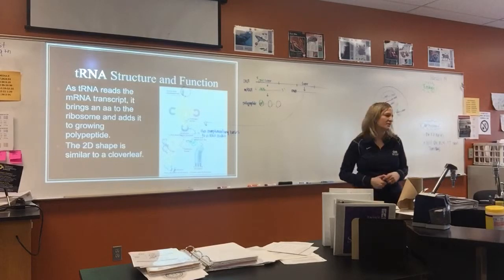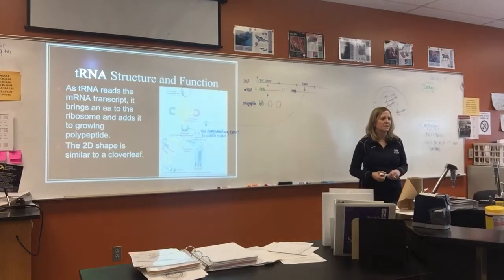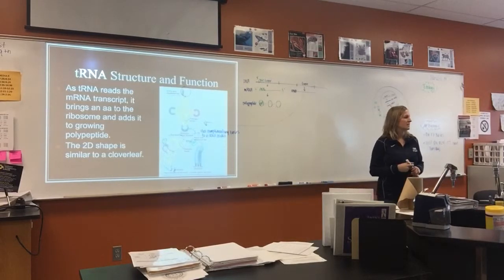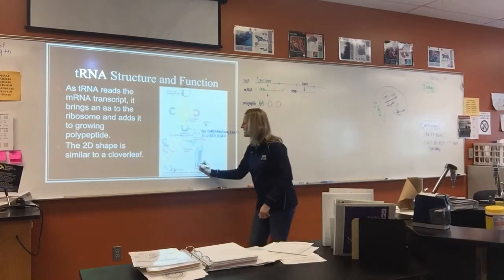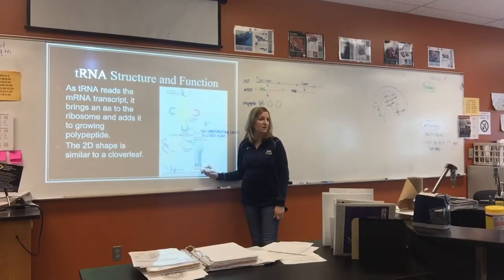What do I use to figure this out? How do I figure this out? I use the chart. How do I use the chart? So my anticodon is AAG. Am I using AAG? No.